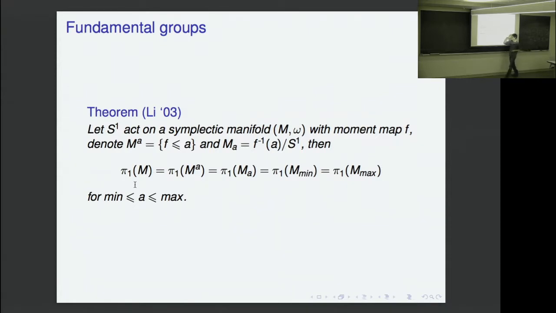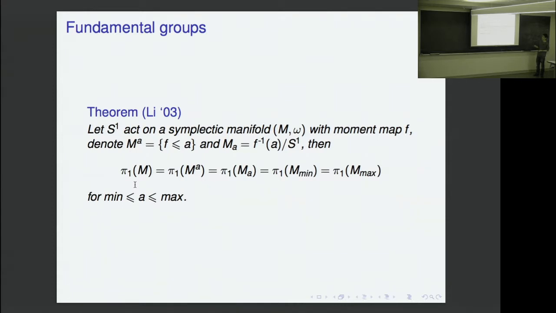So we will have the pi 1 of N equal to the pi 1 of everything below A level sets, and the pi 1 of the reduction, and then the pi 1 of the minimum manifold and the maximum manifold.